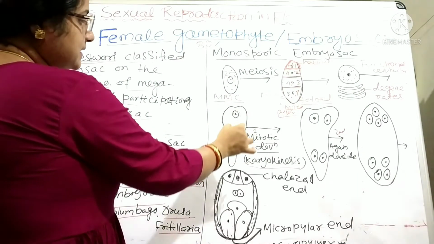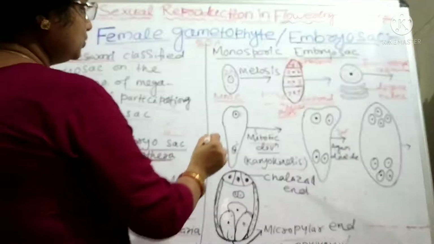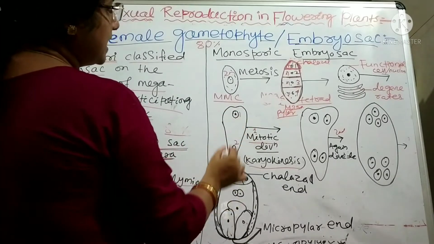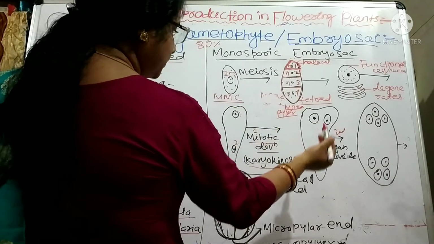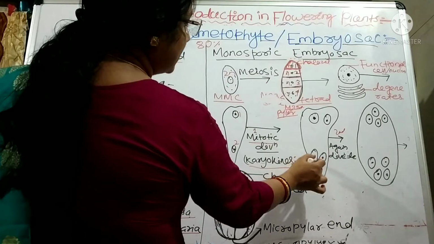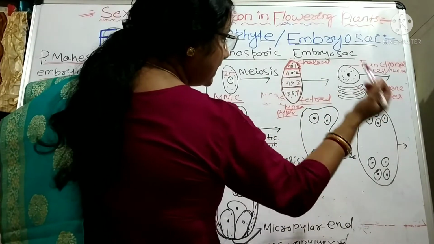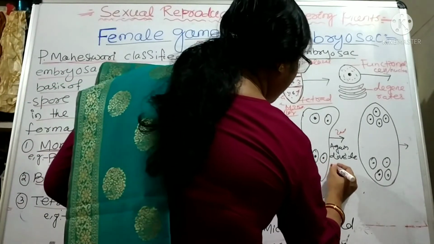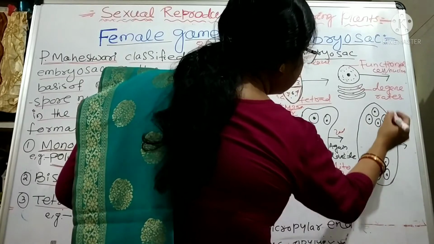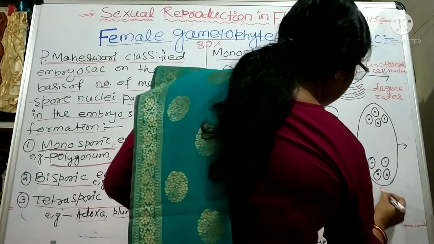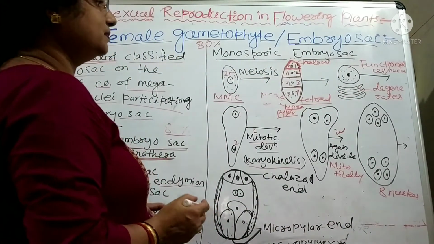These 4 nuclei again divide mitotically to form 8 nuclei.